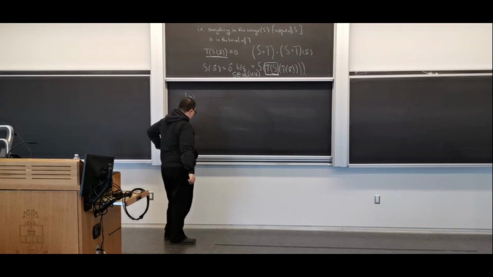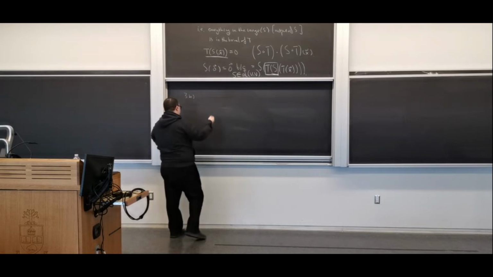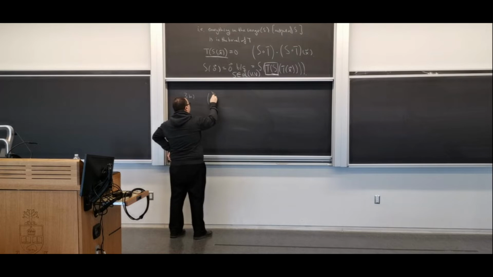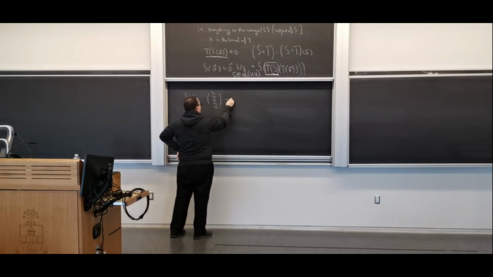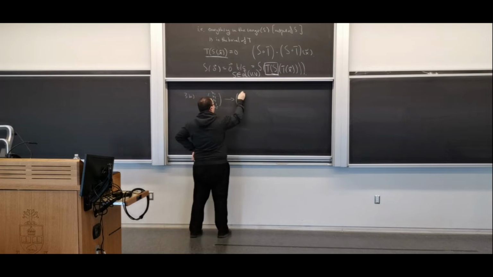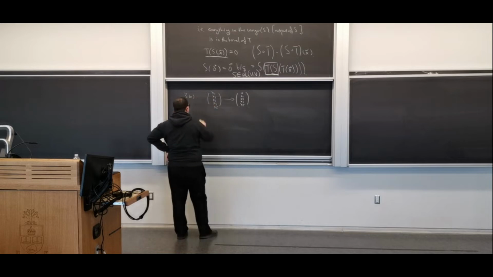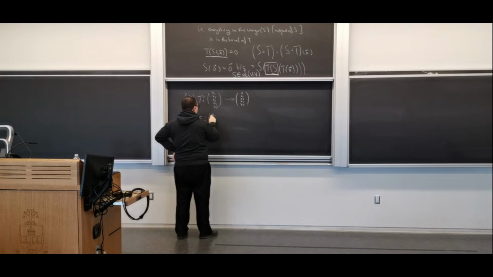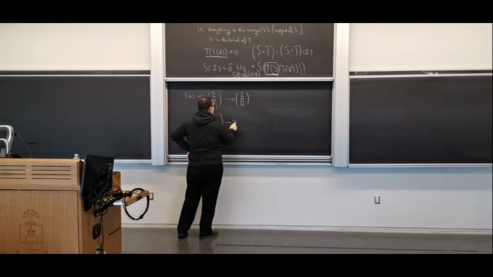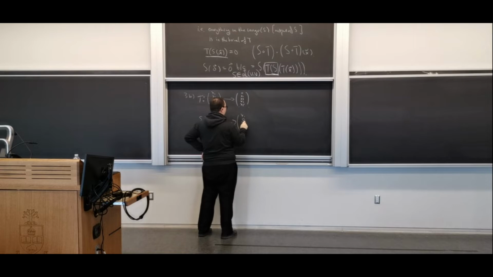So you can think of a map that goes x1, x2, x3, x4, x5, and you map that to 0, x2, x3, x4, x5. This will have a kernel of dimension 1, so you call this T. And then you can call the next one S, which is x1, x2, x3, x4, x5, and now you map it to x1, 0, x2, x3, x4, x5.